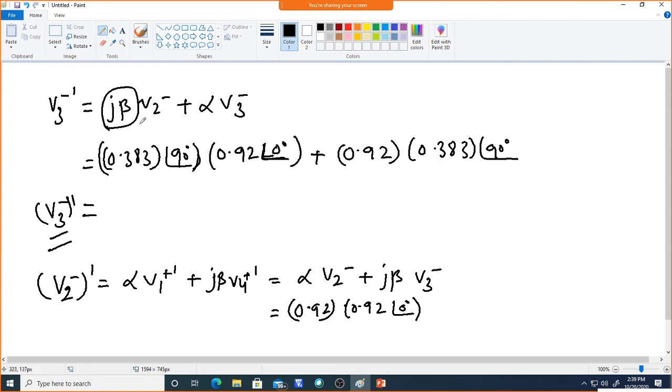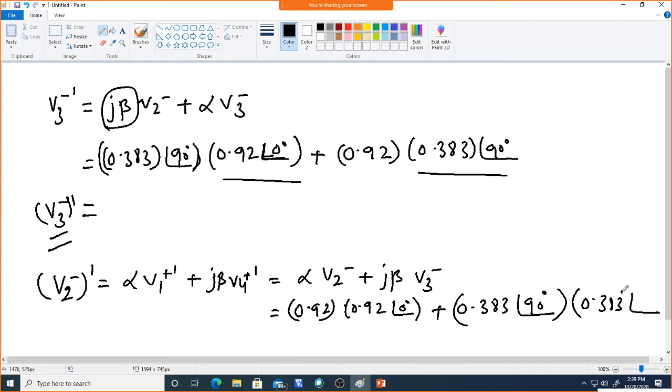Okay, so V2 minus which we have here and V3 minus which we have here, the same we can put. So beta we know that is 0.383 at an angle 90 degree into whatever is V3 minus, which is 0.383 at an angle 90 degree. Okay, so now this is the value of V2 minus dash. So tell me the value of V3 minus dash and V2 minus dash.